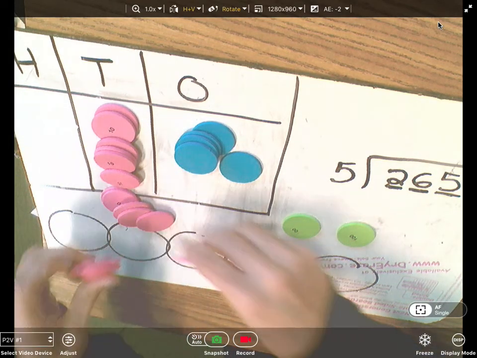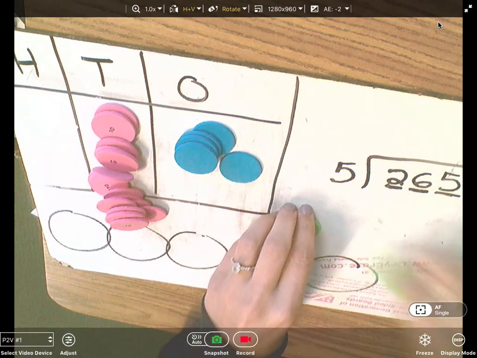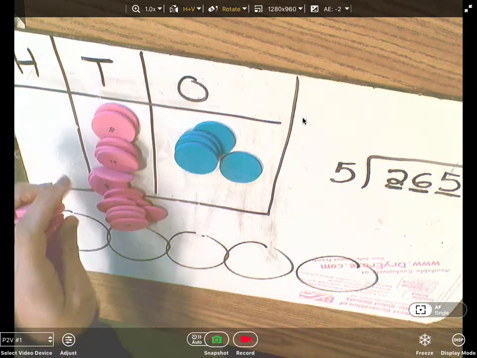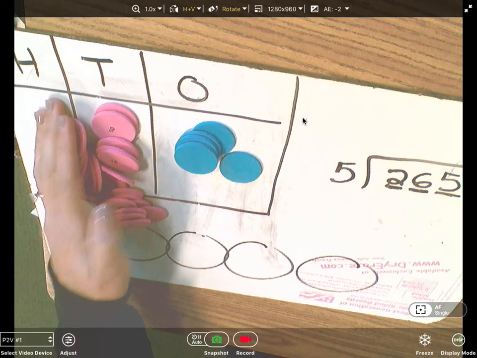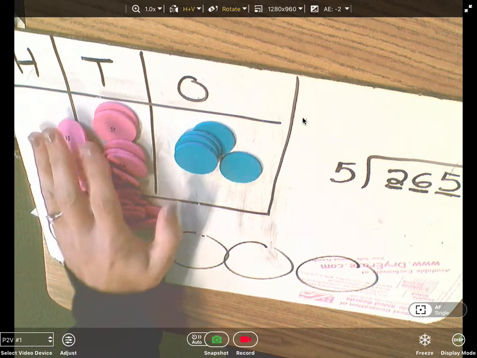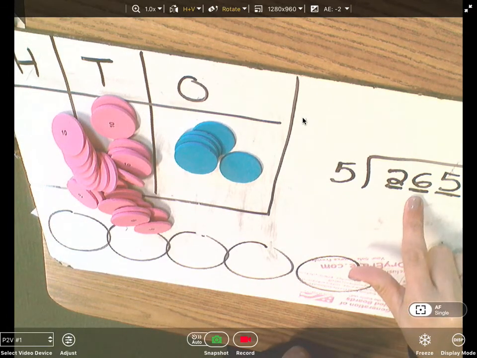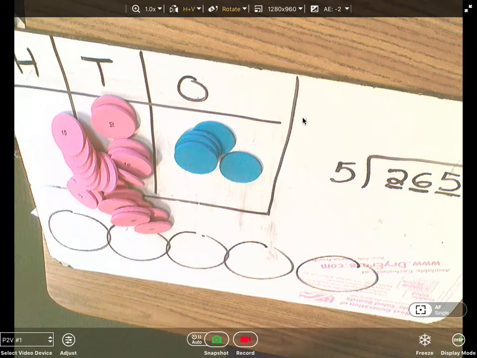And I need another 10 for my other 100. 1, 2, 3, 4, 5, 6, 7, 8, 9, 10. Now I'm putting these in my tens and I can take this away. So again, I traded in 200 for 20 tens, but I already had 6 tens from when I started. So now I have a total of 26 tens.